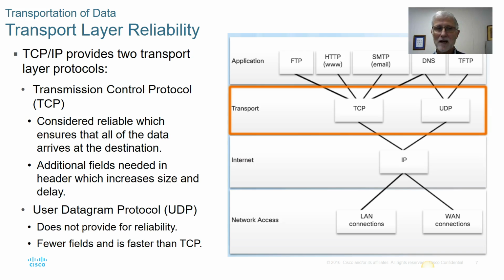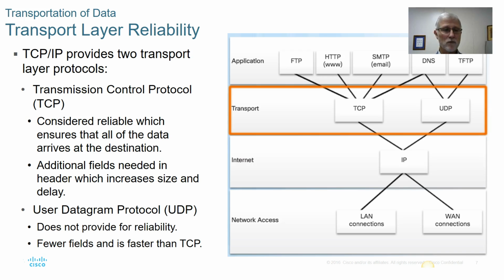And that's kind of what TCP does. TCP says, I'm going to make sure that everything you're sending is received, acknowledged, and if it isn't, I'm going to tell somebody to retransmit. UDP says, I really don't care, I'll let the application, I'll let somebody else worry about sending the data and that it got received.